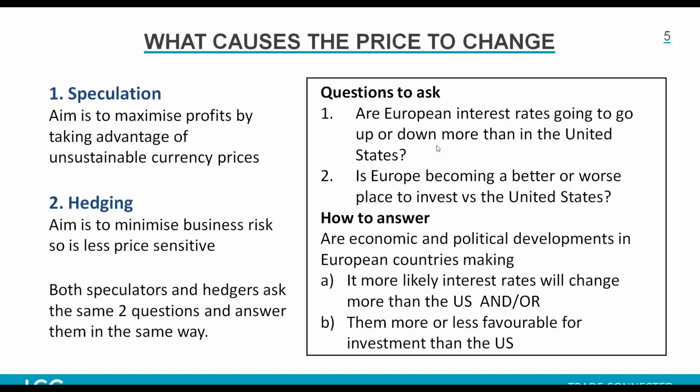The first question there is something that's a bit more understandable and a bit more quantifiable, which is interest rates. And obviously, you generally want to be placing your money and holding your money in a currency that's going to be earning you more interest than a currency that's not earning you interest.